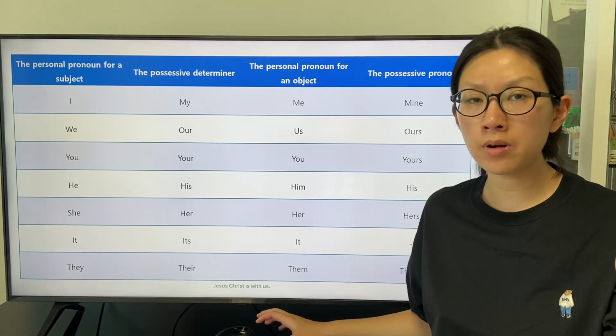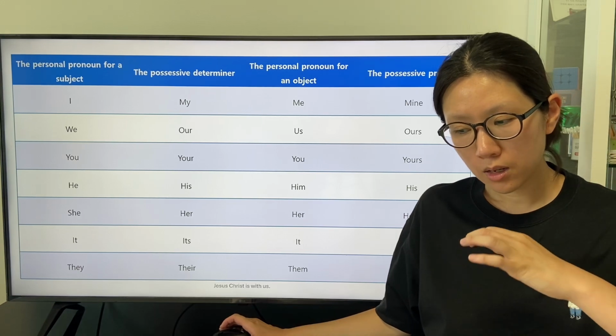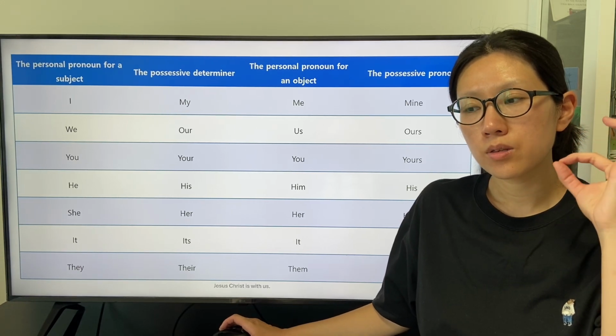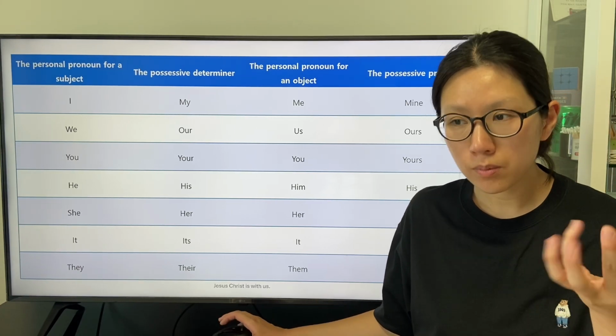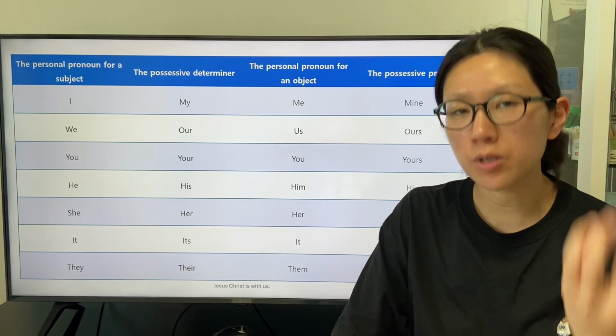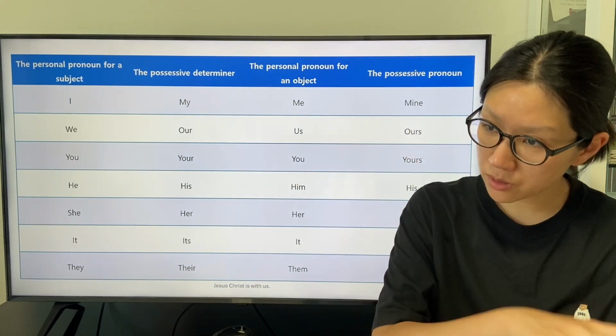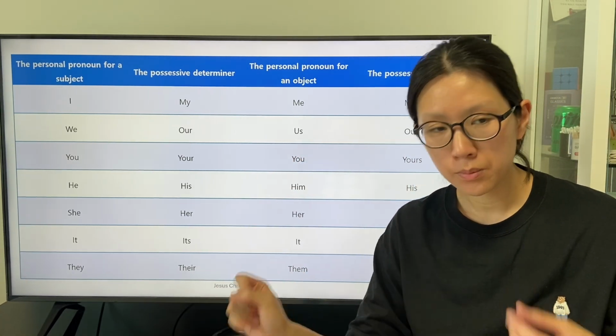The personal pronoun has the form that is suitable to be applied as a subject or an object.